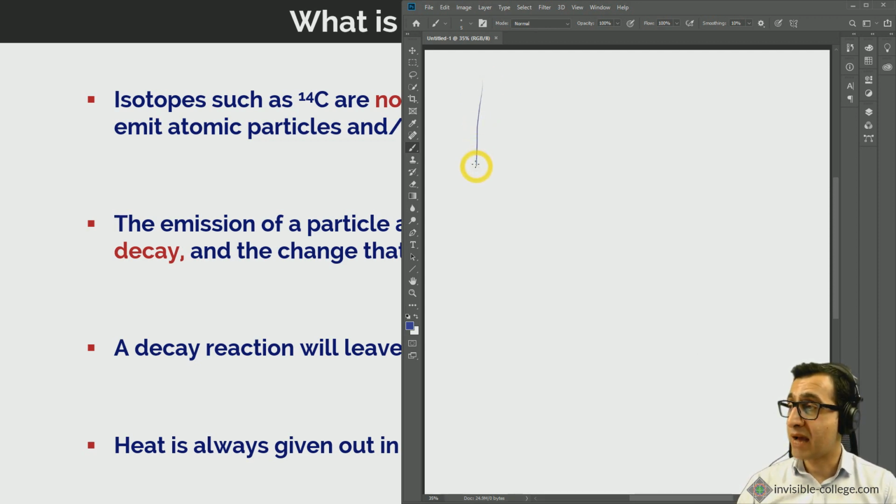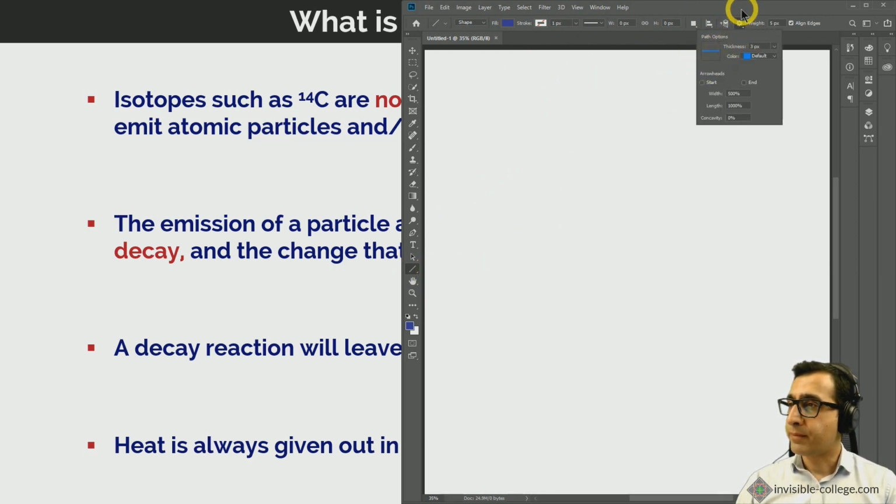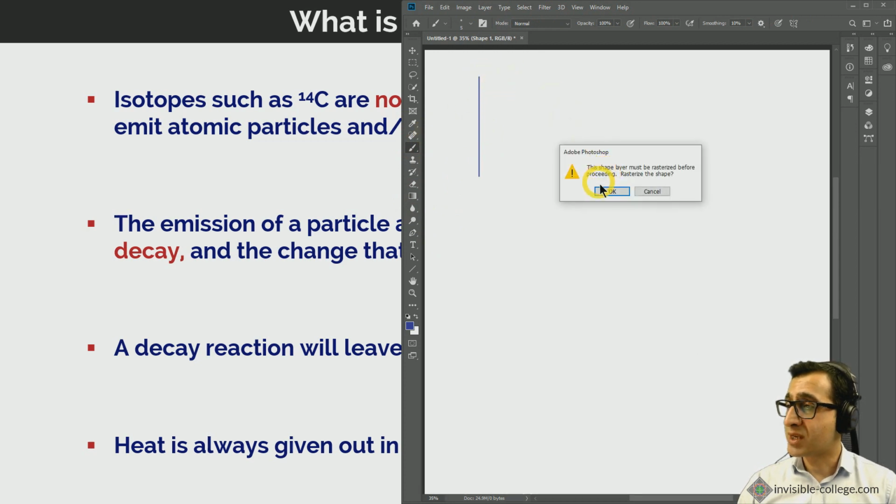So if we imagine we have, let me draw a slightly better vertical line here. Okay, so let's imagine we are considering the amount of energy present in a system which contains a single nucleus.